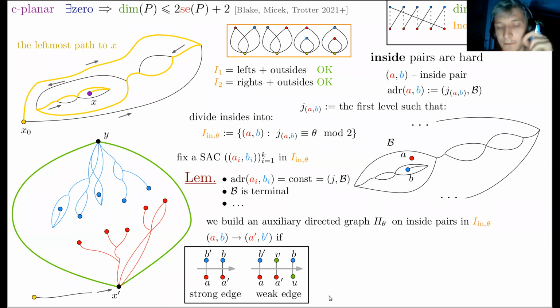The weak edges are even more complicated, and it means that there exist such U, V that this is the case. But let's not go deeper.